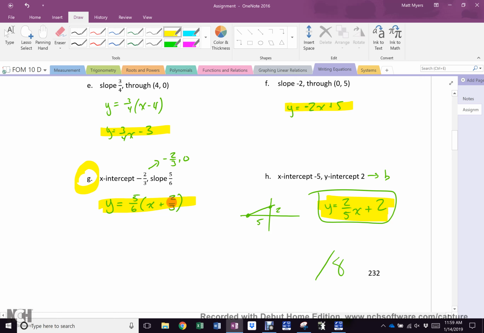They just didn't like writing it there because they didn't want to have to graph it there. But it is okay. Any questions for E through H? Lovely. That page is out of 8.